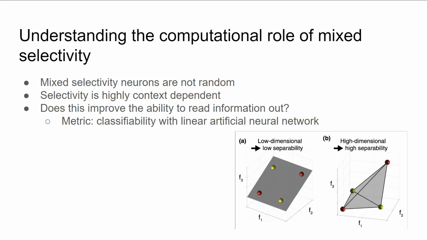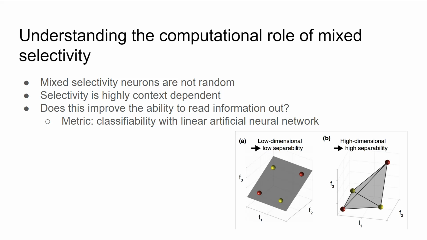We can't distinguish. If each of these dots corresponds to a different experimental condition, and we want to linearly separate the red dots from the yellow dots, then we can't do it because there's no line we can draw on this plane that will separate the red dots from the yellow dots.